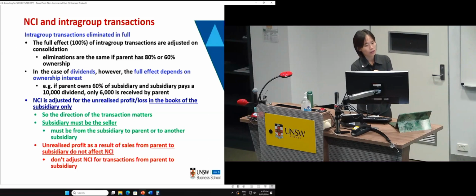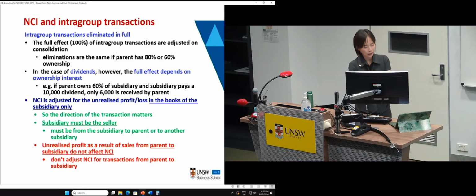If the parent, for example, owns 60% of the shares in the subsidiary, when the subsidiary pays 10,000 dividend, only 60% of the 10,000, which is 6,000, is received by the parent and will be regarded as an intragroup dividend revenue. The dividend paid or declared to NCI is not intragroup. So the intragroup dividend is the dividend paid or declared by the subsidiary and received by the parent entity.